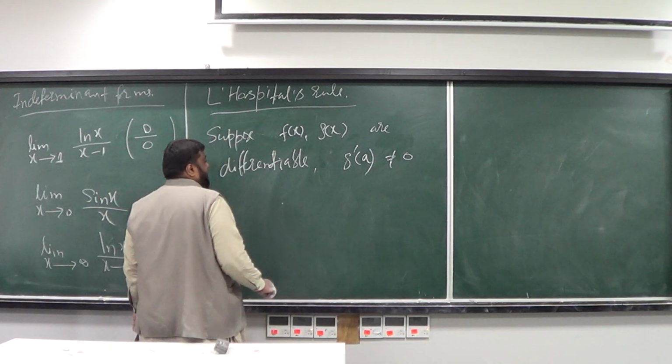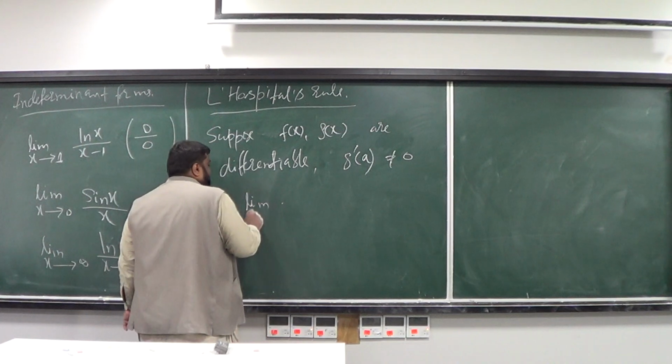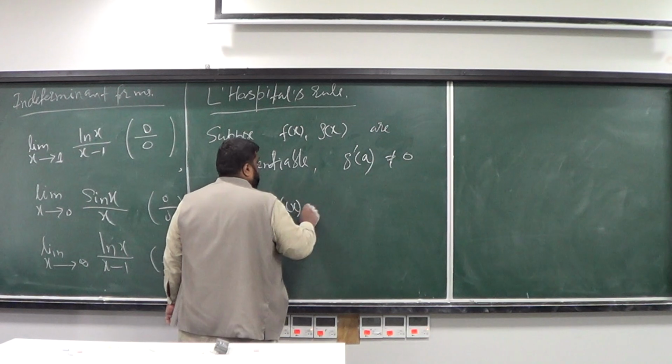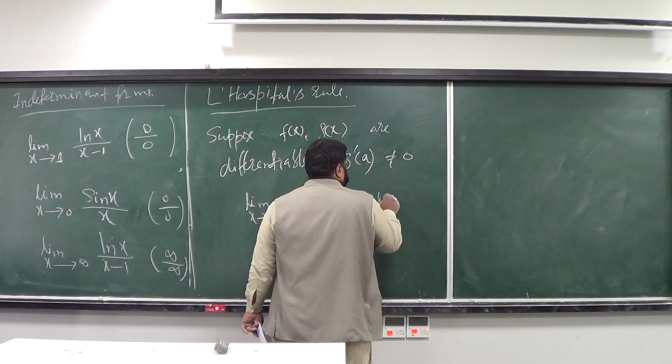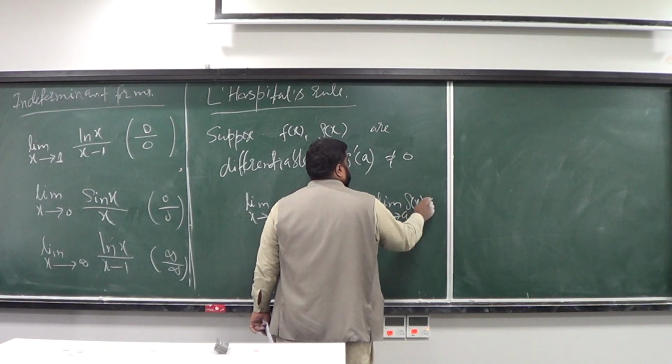But the trouble with f and g is that when I am computing, say, the limit as x goes to a of f of x, I am getting 0, and when I am computing the limit as x goes to a of g of x, I am getting 0.